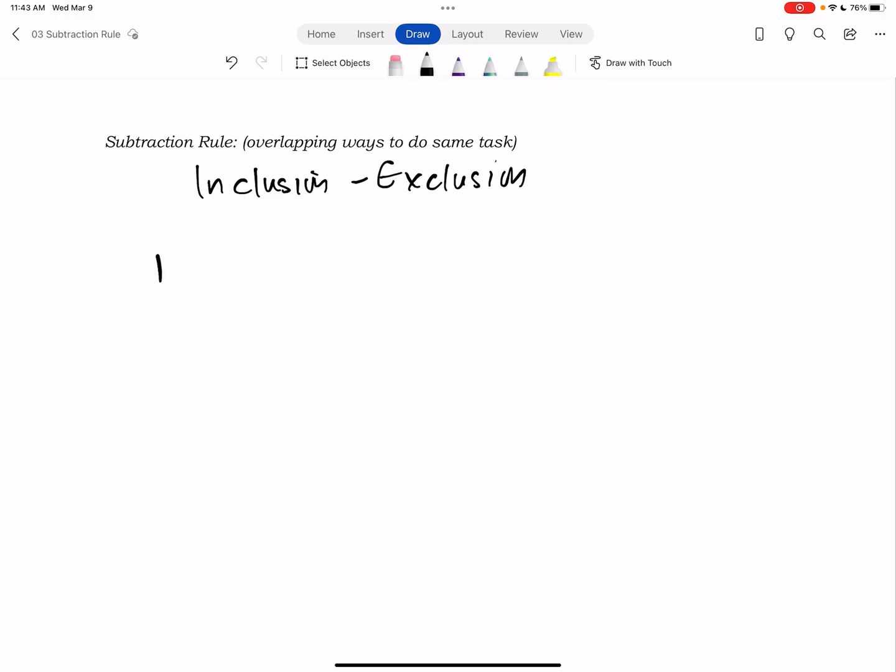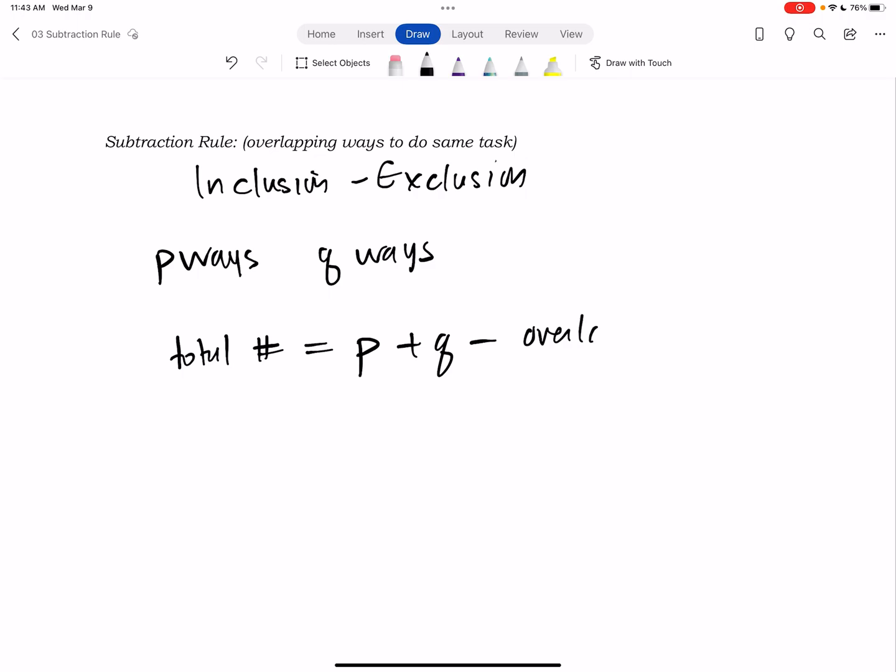Okay, so if there are p ways and q ways, then the total number is going to be p plus q minus their overlap. You can think about this example like in picking a card. If you say, what is the number of ways to pick a red card or a jack?